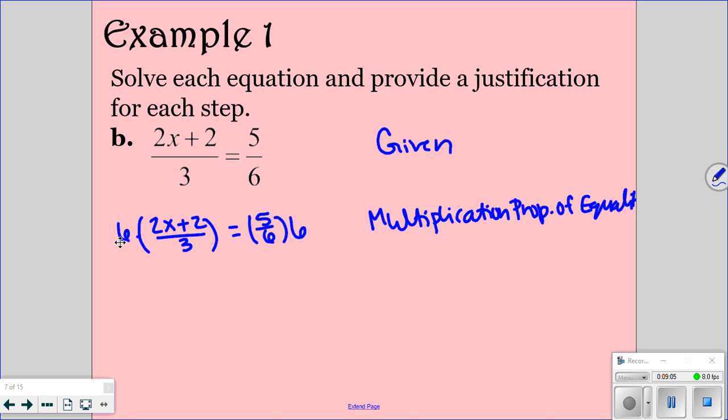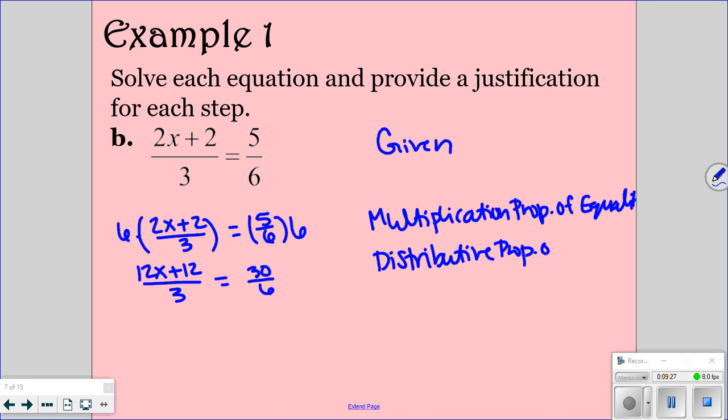And then you're going to distribute. So that's going to end up being 12x plus 12 over 3 and 30 over 6. And then from here you can simplify. So that's going to become 4x plus 4 and 5.